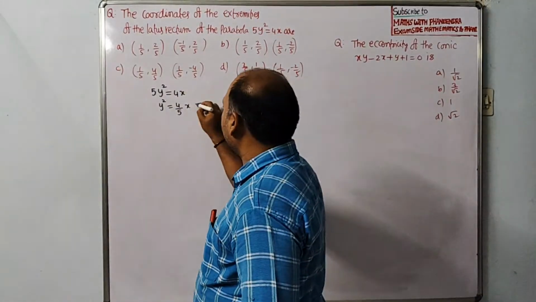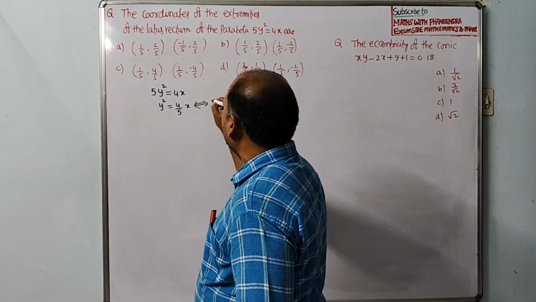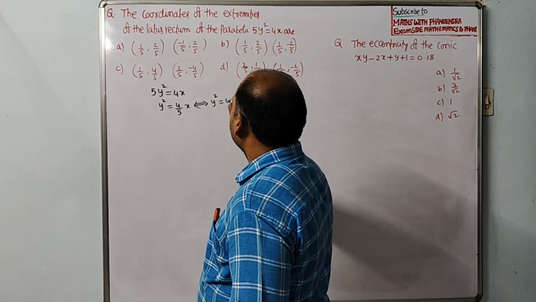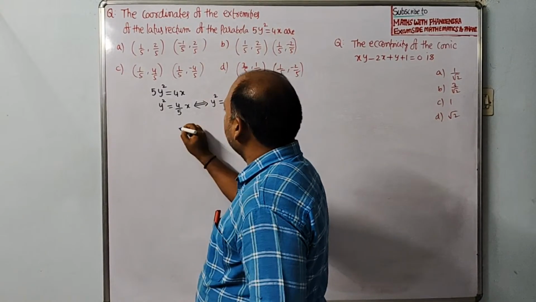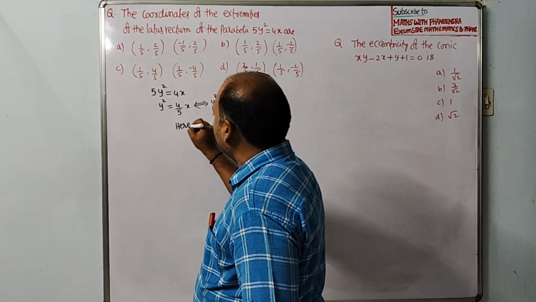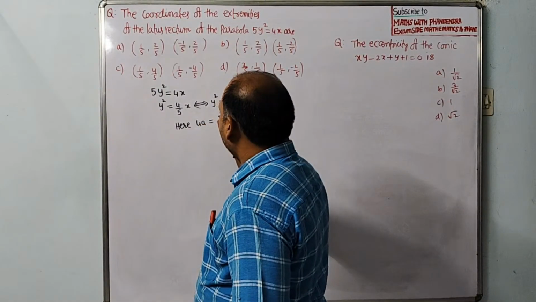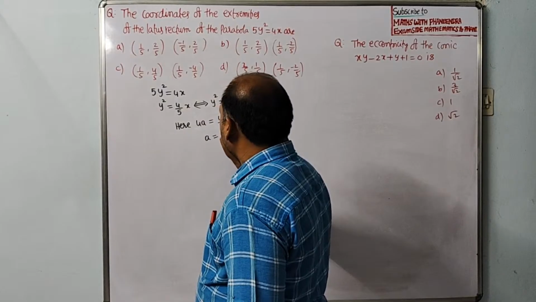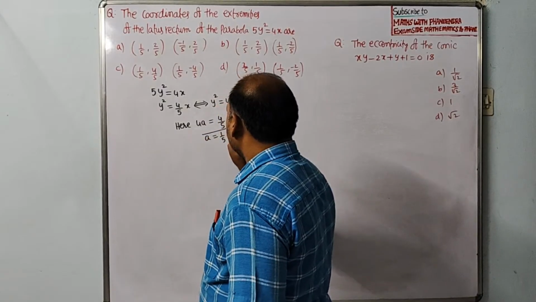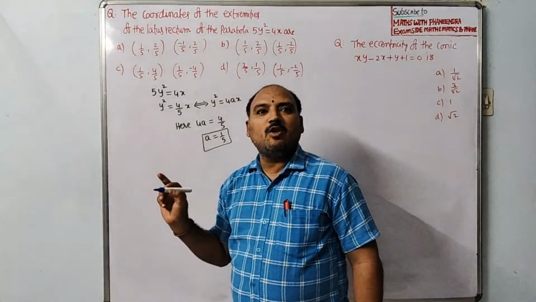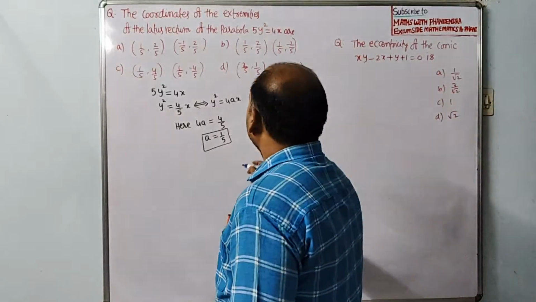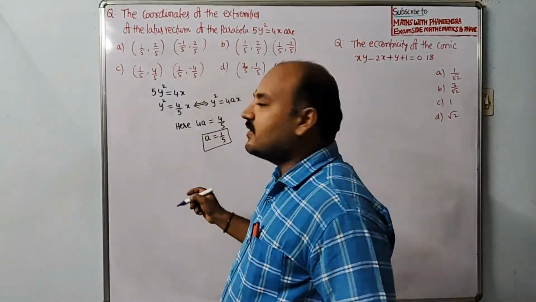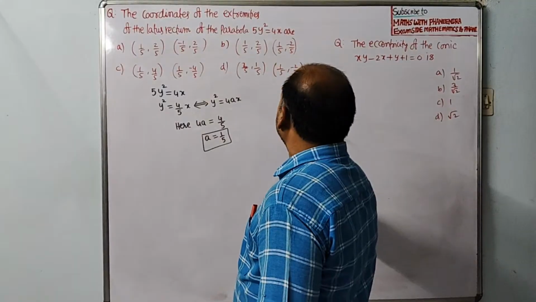Compare this with y square equal to 4ax. So here 4a is equal to 4 by 5, so a is equal to 1 by 5, dear students. After getting the value of a, they are asking to find the extremities of the latus rectum.